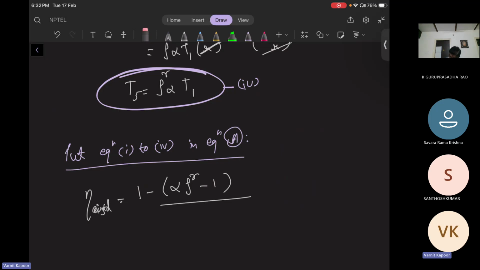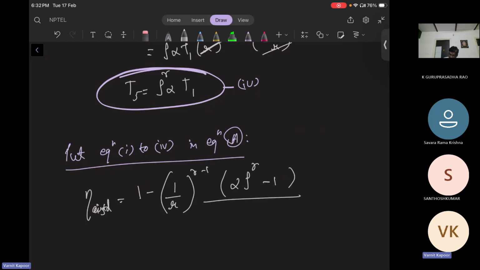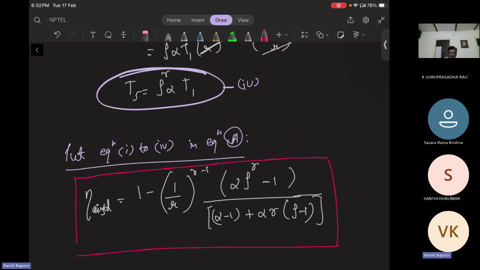Let me rearrange and finally rewrite, that will be much better. 1 minus 1 by r to the power of gamma minus 1 times alpha rho to the power of gamma minus 1 upon alpha minus 1 plus alpha times gamma times rho minus 1. So this is your final air standard efficiency of the diesel cycle, semi-diesel cycle or dual cycle, you can say. Is it clear? Any doubts to anyone?